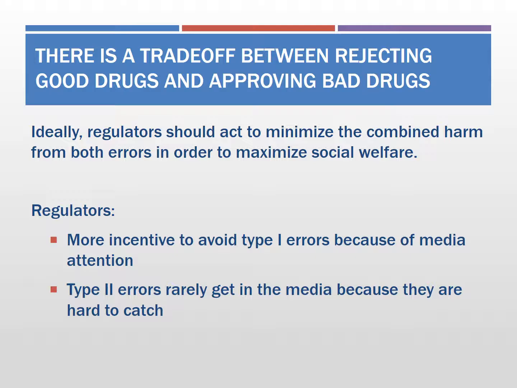However, unfortunately, most of the time regulators care more about the type 1 error than the type 2 error. That means they are willing to sacrifice a lot on type 2 error, and they don't mind increasing the level of type 2 error in order to minimize type 1 error.